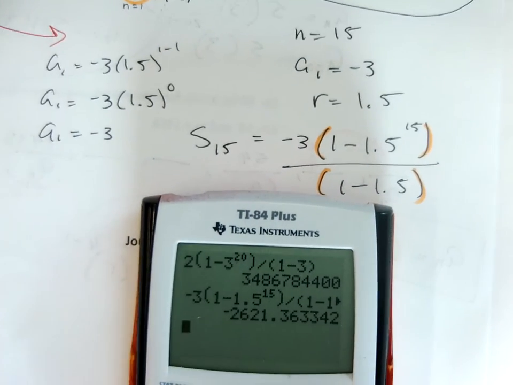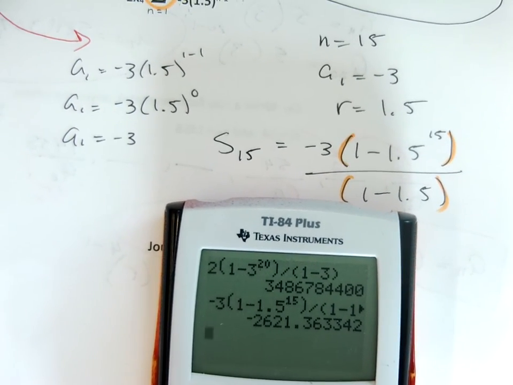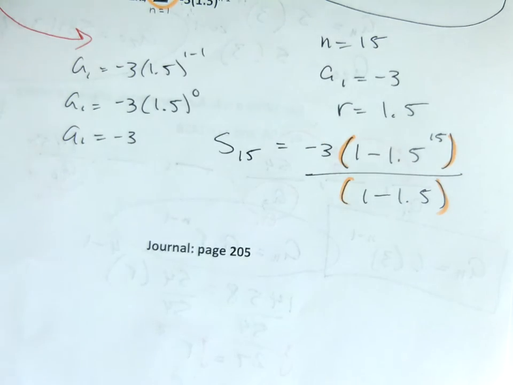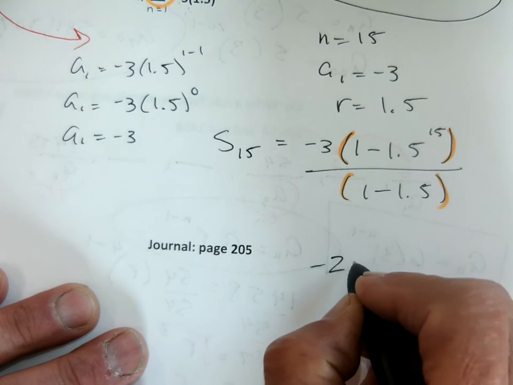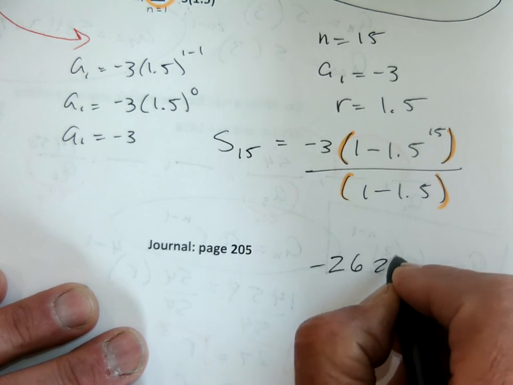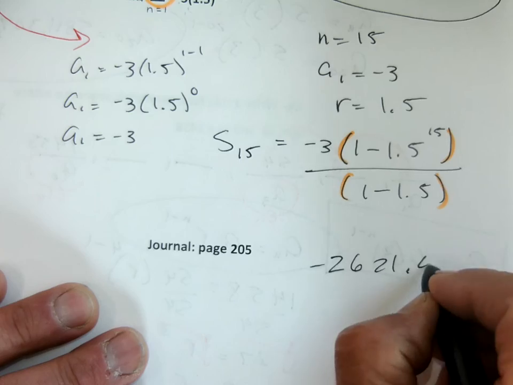Okay, negative, interesting. If you make this formula, it goes positive, negative, positive, negative, positive, negative. So this last term is going to be a negative 2,621. And we'll round it up to 0.4. How's that?